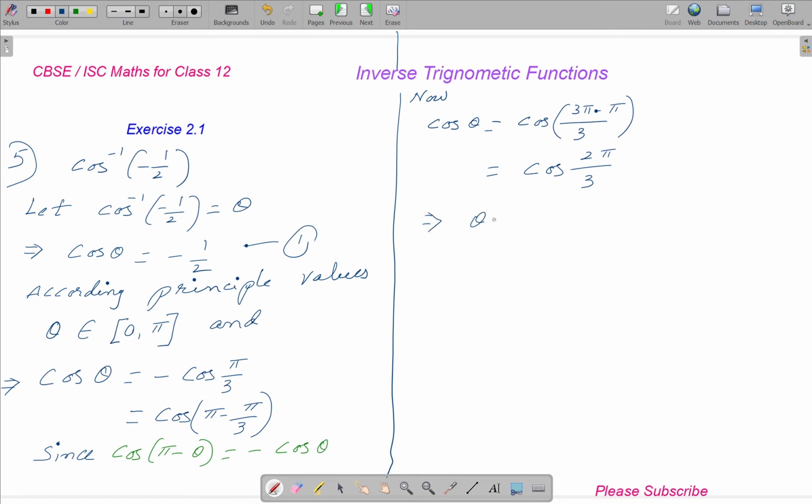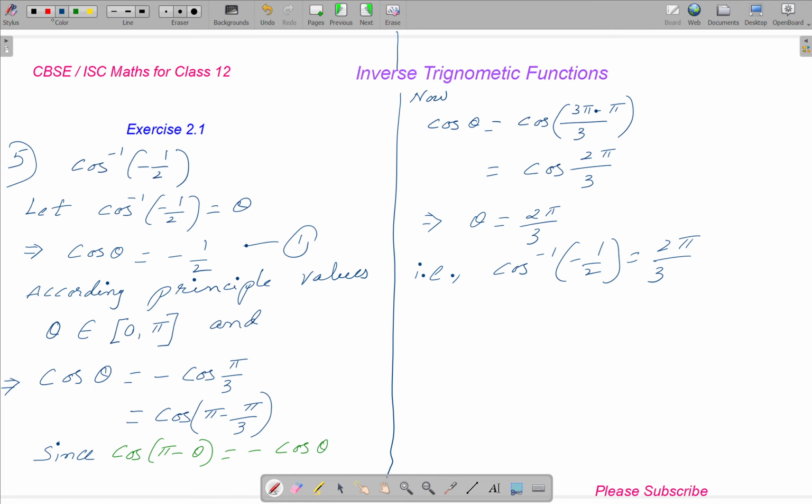That implies theta is equal to 2 pi by 3. That is, cos inverse minus 1 by 2 is equal to 2 pi by 3.